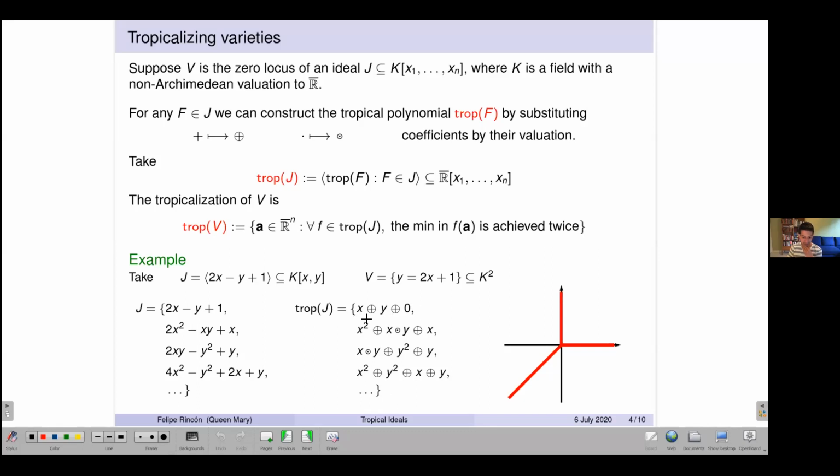And well, we can see that already here. The second polynomial here is in fact x times this one. The third one is y times the first one. But this fourth one that we have here is not a multiple of x plus y plus 0. You cannot multiply x plus y plus 0 by any tropical polynomial and get this one here. The reason you could do that classically, that you could get this long polynomial as a multiple of this one, is because there was a way of making a combination between these two that canceled the xy term.